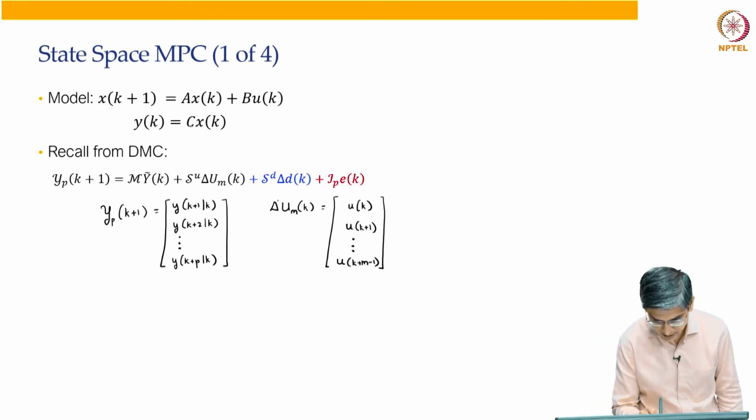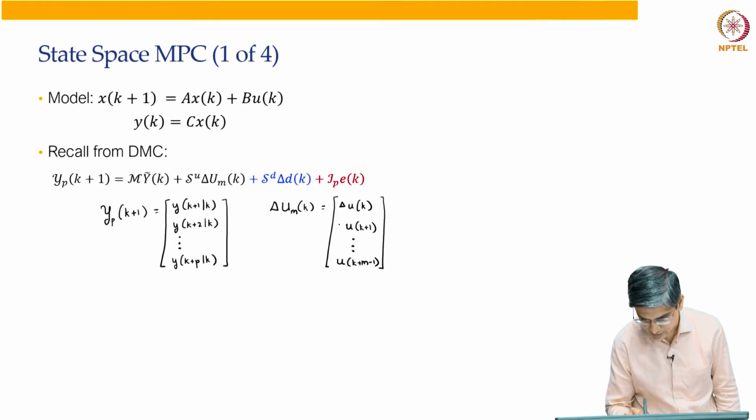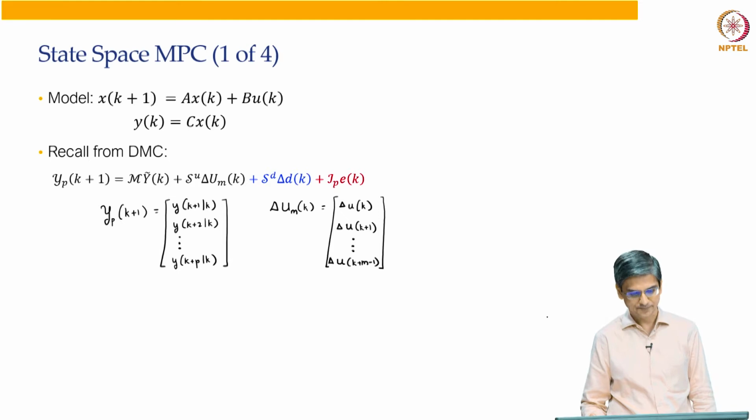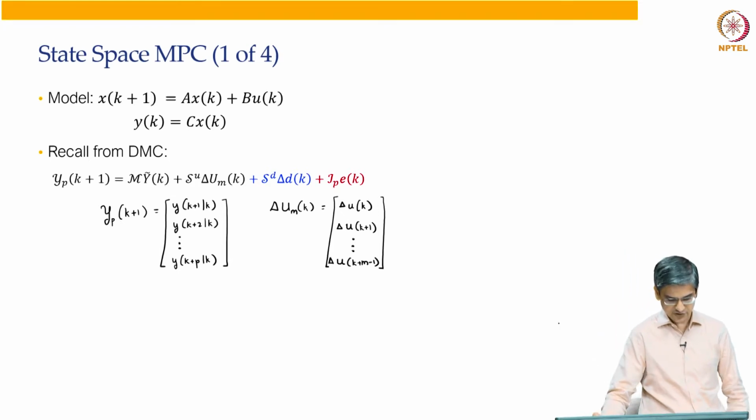And delta um(k) is just going to be delta u(k), delta u(k+1), up to delta u(k+m-1). Okay. So, these are the definitions that again we are familiar with, we just wanted to refamiliarize.